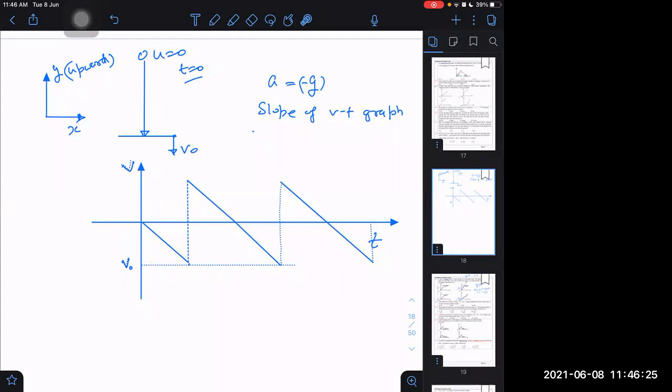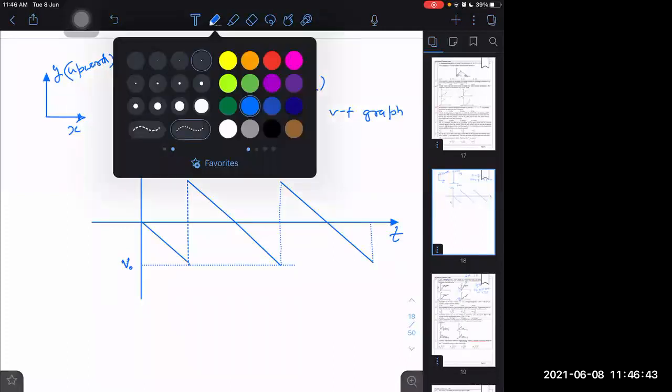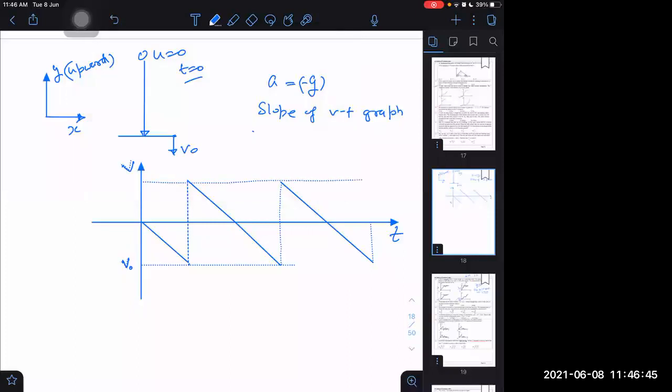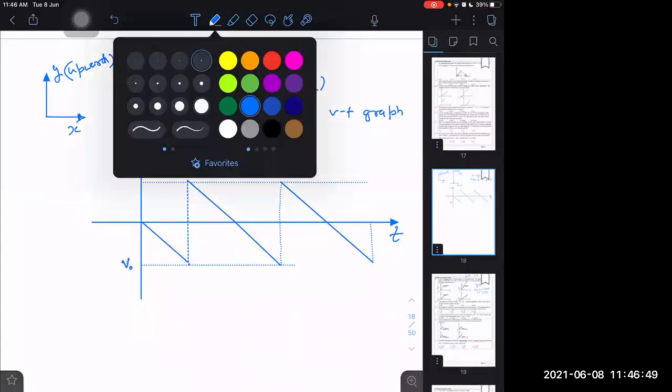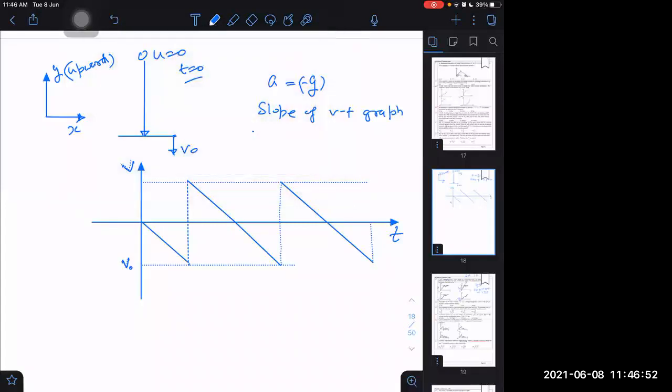Okay. Yes, sir. Right. So now we can take v naught, t, minus v naught plus v naught.